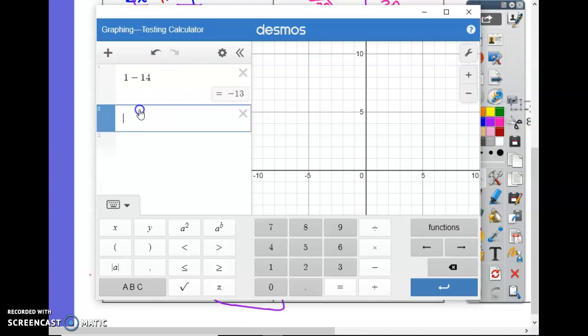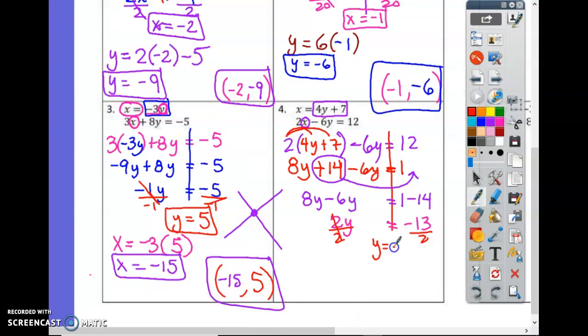Negative 13 divided by 2 is negative 6.5. So I'm going to put negative 6.5 is my y. So right here in my answer, negative 6.5 goes on the y.